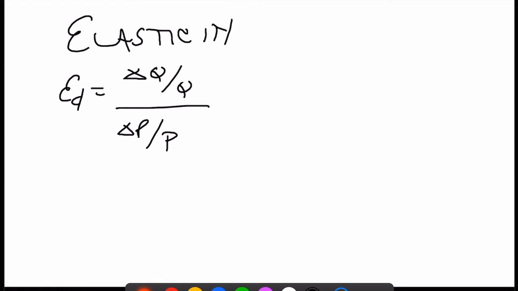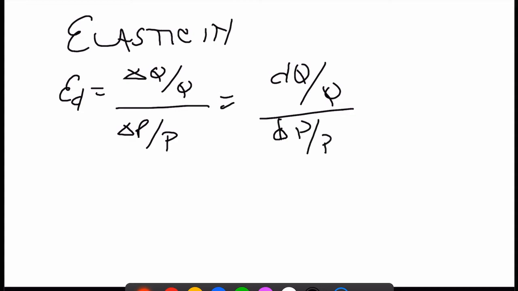If we take those deltas and turn them into d's, in other words, we go from the small change that you get with a delta to the approaches-zero change that the d implies, you get dQ over Q over dP over P. Now you can rearrange that mathematically and say dQ/dP times P/Q.